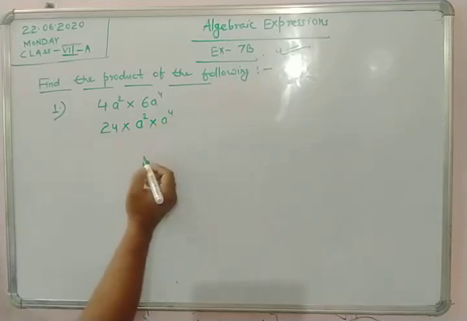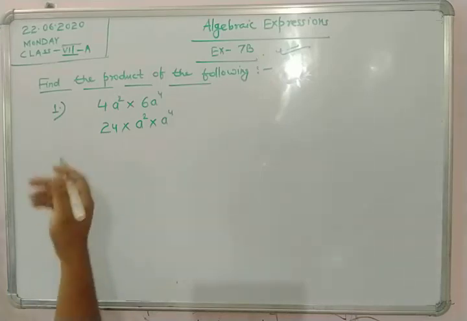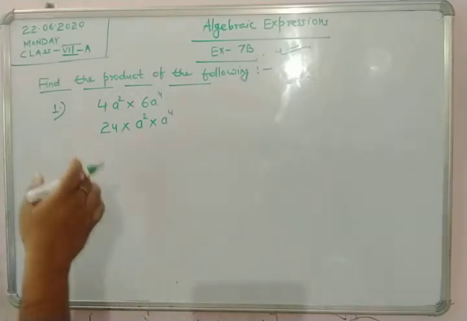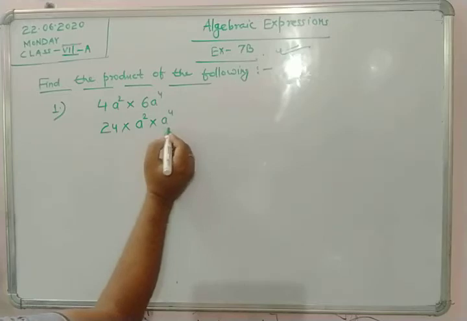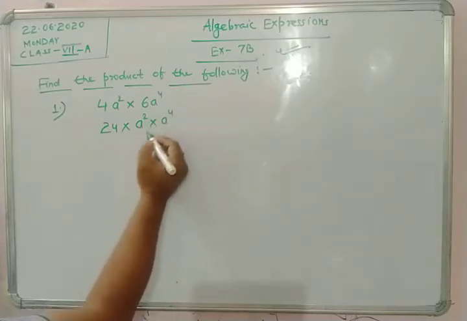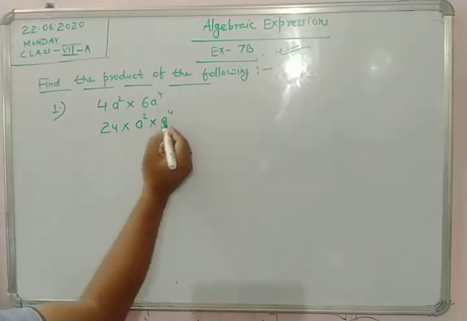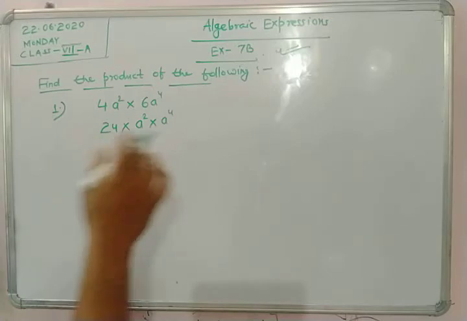In the exponent chapter we were already taught that if the bases are the same and the exponents are different, in the form of multiplication, their exponents are supposed to be added.